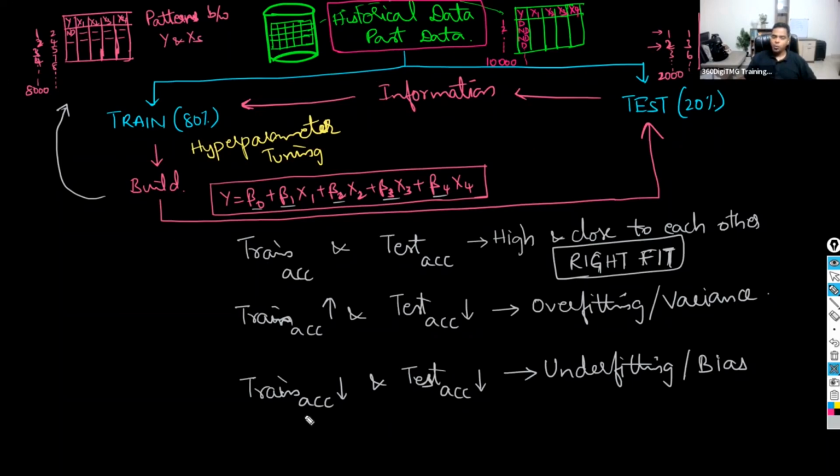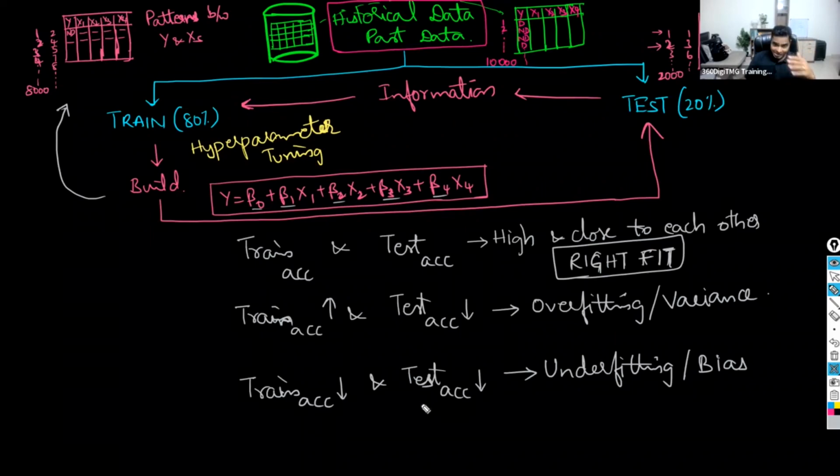Would you have a scenario where training accuracy is less and test accuracy is high? Say a student did not do well at all in the pre-final exams, in the previous exams, and on the sample exams, he or she has done in a very poor way. But in the final exam, they've got a gold medal. Would that happen?